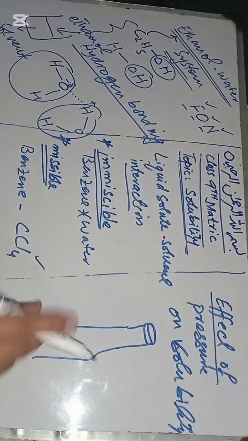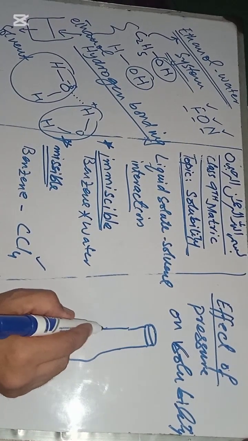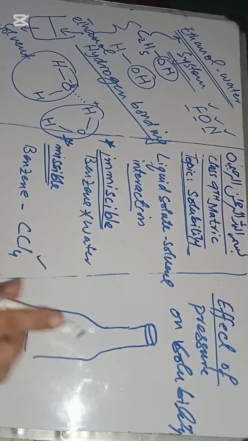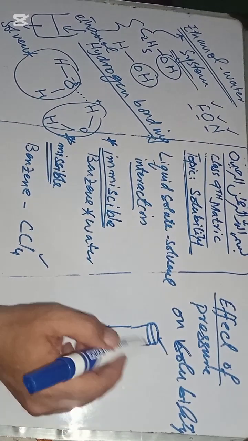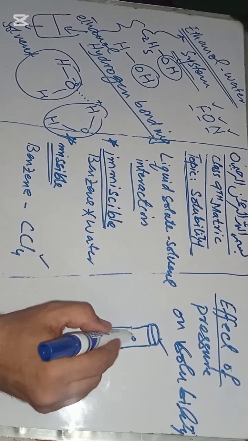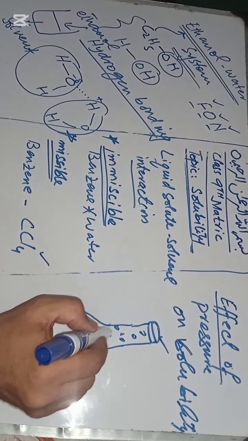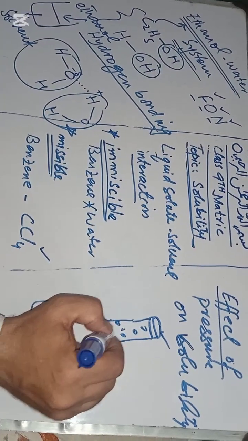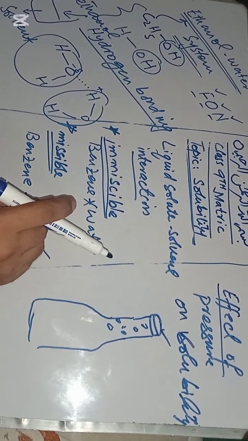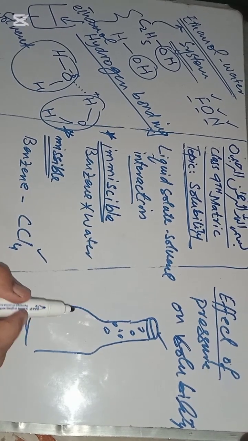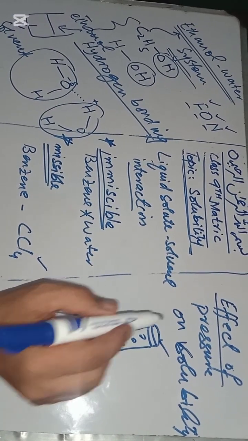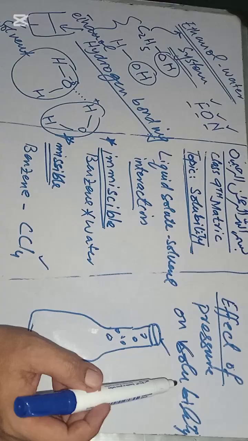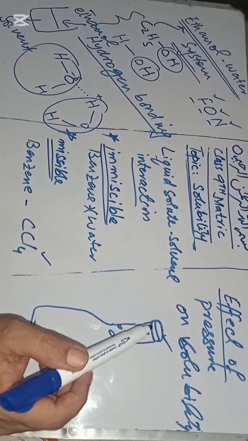When you are releasing the escape from it, you see that the bubbles of gases are fizzing out very quickly from it. Clear? This is because of the fact that the solubility depends of gases.